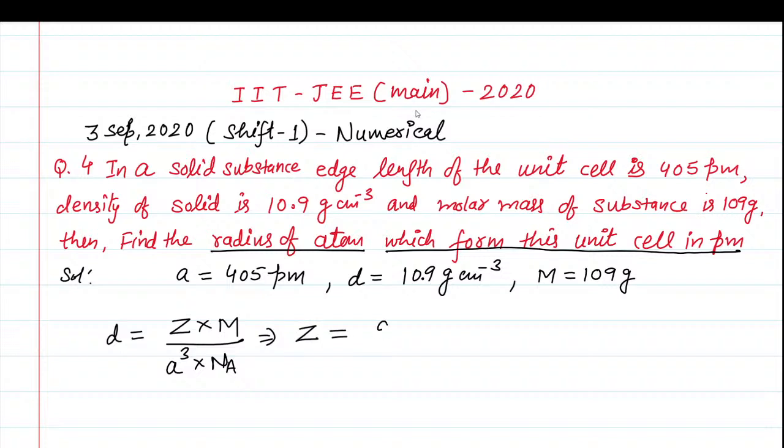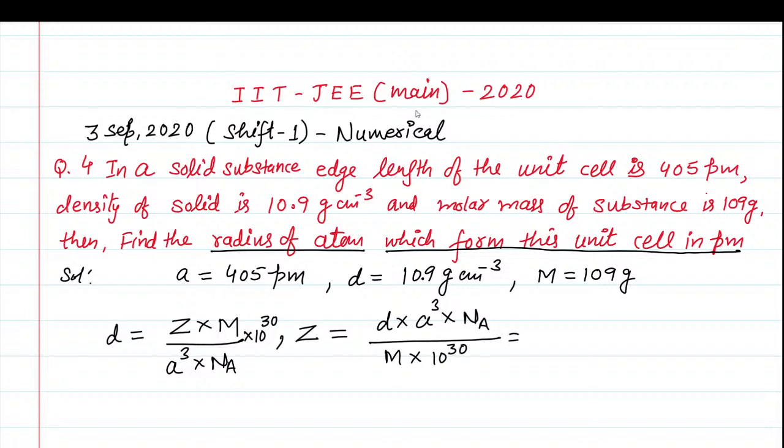Z is equal to d into a cube into Na divided by M. But a is in picometers, so it is multiplied by 10 raised to power 30.